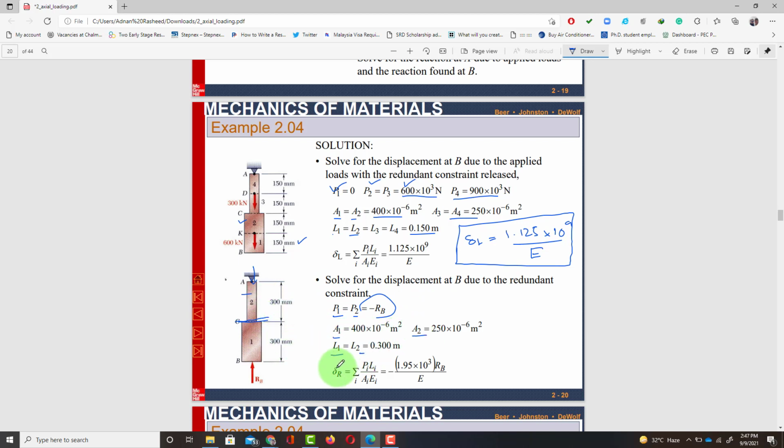So again you use the change in length equation. When you solve it, sigma R comes out to be 1.95 into 10 raised to power 3 into RB divided by E.